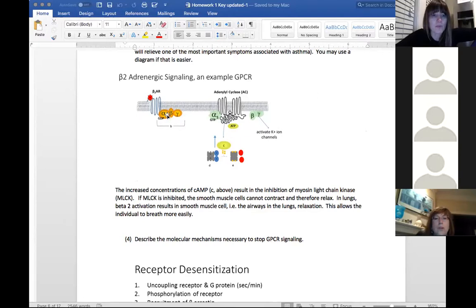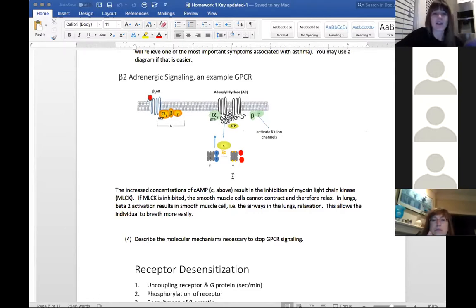So beta-2 adrenergic receptors couple to G-alpha S. When activated, they activate adenyl cyclase, which causes the conversion of ATP to cyclic AMP. Oh, I see where you're coming from here. There does seem to be a skipped step.